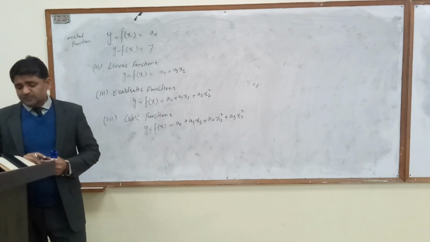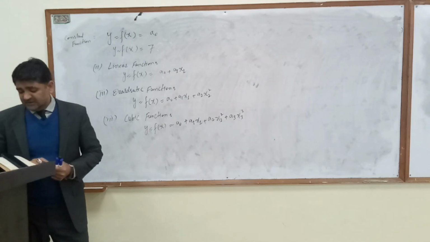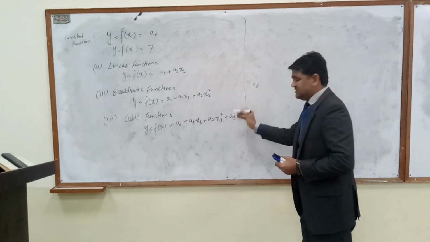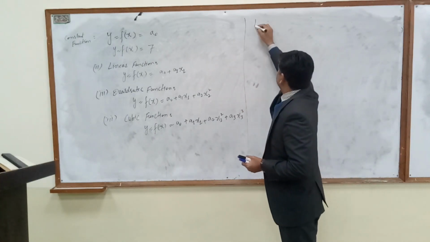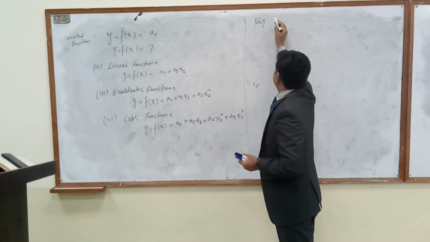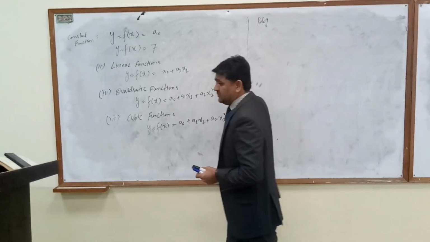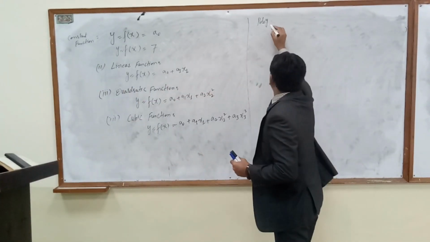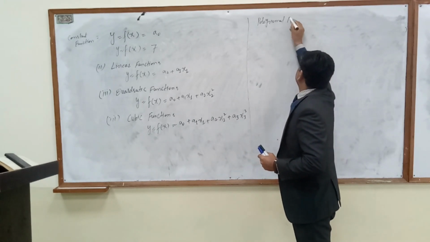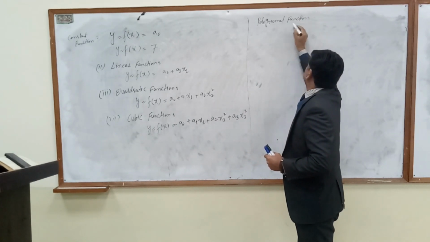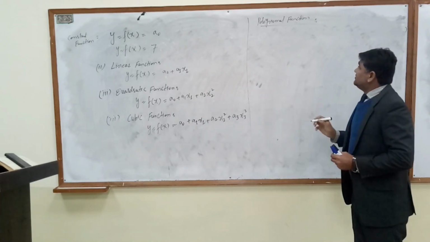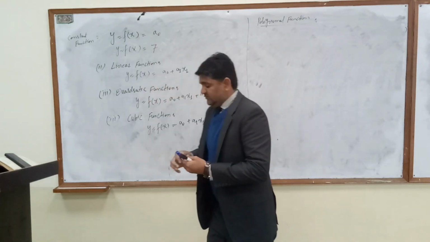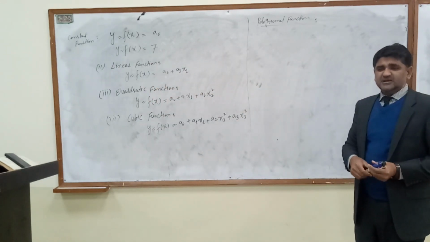After that, we have a polynomial function. It is a function where the power of the variable is n, meaning more than 3. If the power of the variable is n, we can name it a polynomial function, and n can be any value more than 3.